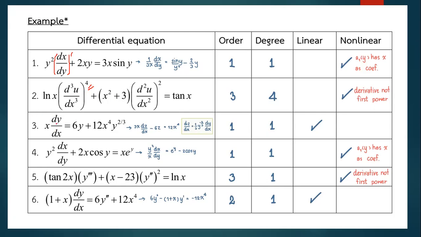Again here, this needs some rearrangement of terms, but after rearranging, dz/dx equals 1 over (y minus 2)³ dy/dx. So here it is first order with degree 1.